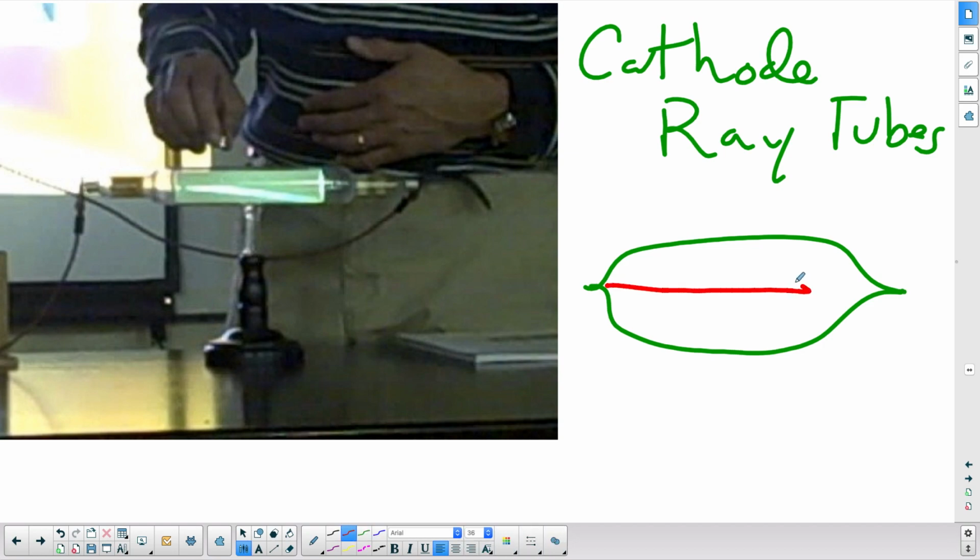A cathode ray tube is a beam of electrons. And I want you to draw one into your notebook. It doesn't have to be perfect. I'm going to draw a little thing like that. Get a new color. A beam of electrons.